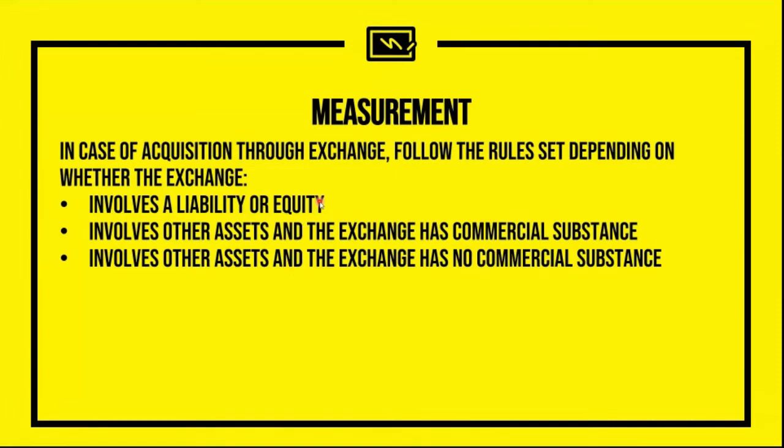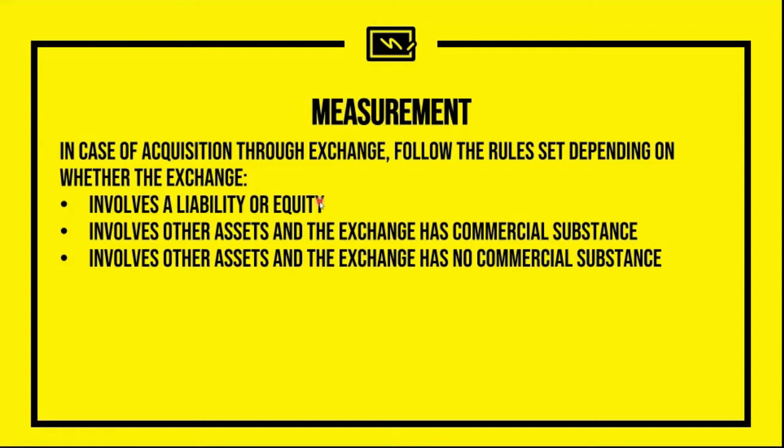Basing it on IFRS 13, you determine which valuation is more reliable by determining if the fair value given is level 1, level 2, or level 3. So example, the fair value of the property is a level 2 fair value, while the fair value of the equity is a level 1 fair value, or that is the market based. So what are you going to follow? Of course, you will follow the fair value of the equity. You will carry that as the cost of the investment property because that is the more clearly determinable value.